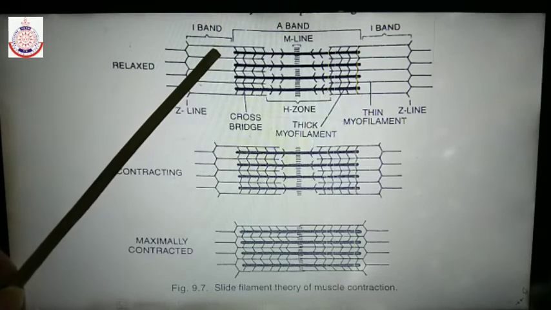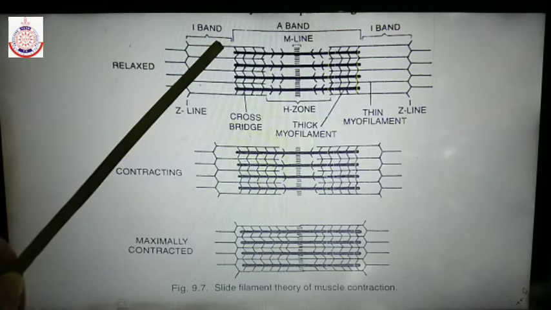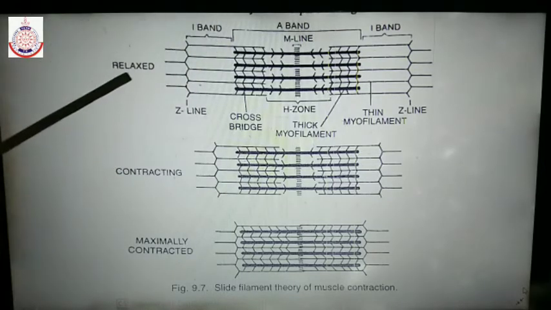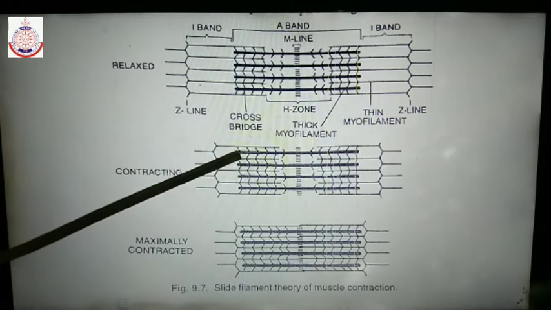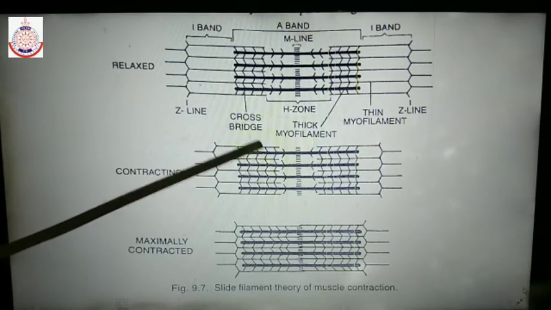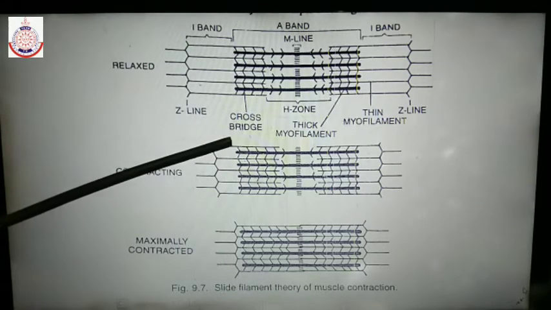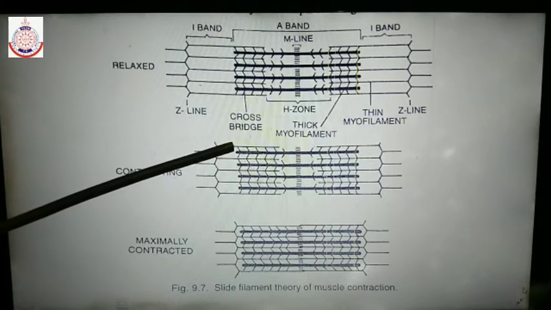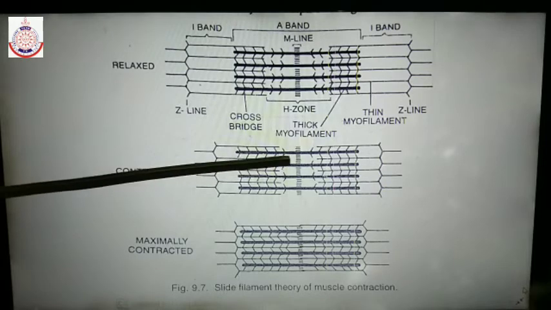Now, what happens when the heads of the myosin come in contact with the actin filament? You can see here, this is the relaxed stage. During the contracting stage, what happens? More myosin heads come in contact with the actin filament. When the myosin heads bind with the actin filament, they pull the attached actin filament towards the center of the A band.